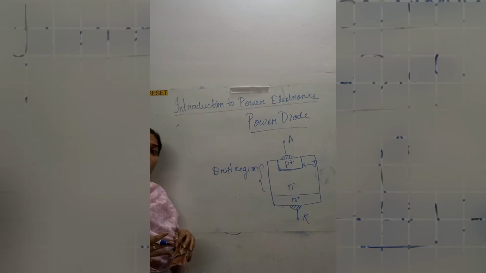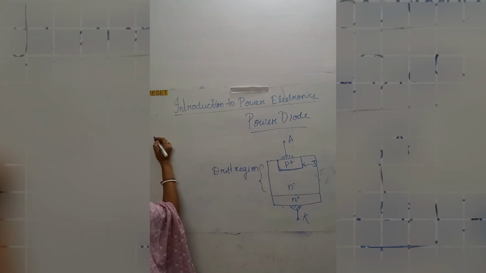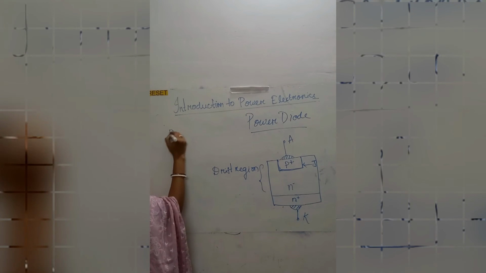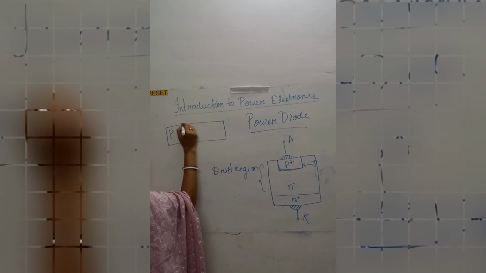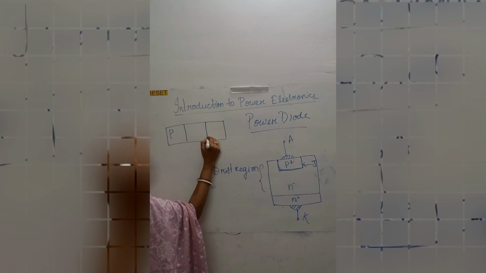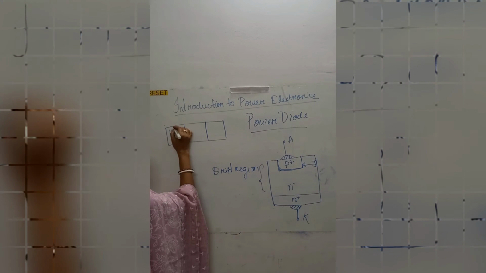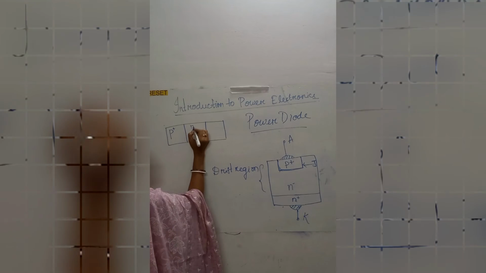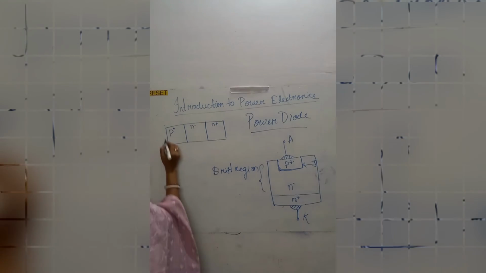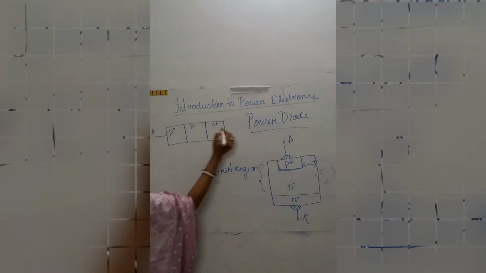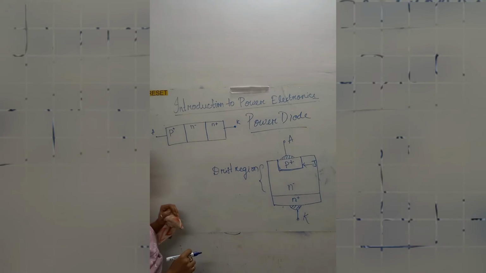Now when we go for the biasing thing, for biasing, I am giving an example, okay, I am trying to make it in a very simplified manner. This is P plus layer, we are having N minus layer, and this is N plus layer. Here is the anode and here is the cathode. Fine.